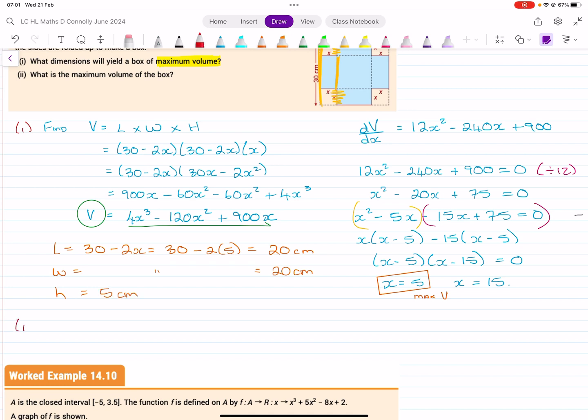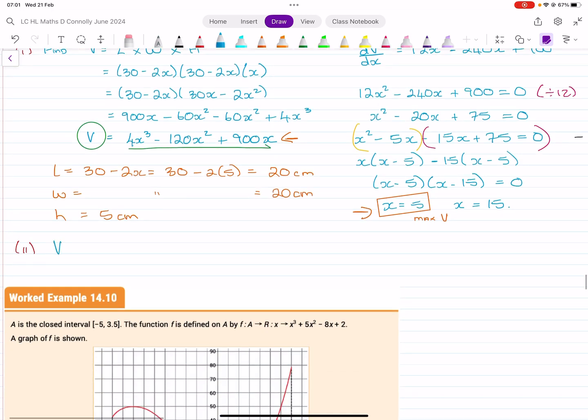And then the second part is find that volume. Now, I don't know why you'd bother, but you could sub this in here, and you should get the same answer as if you just literally calculate the volume. So the volume is 20 by 20 by 5. So that's 2,000 centimeters cubed.